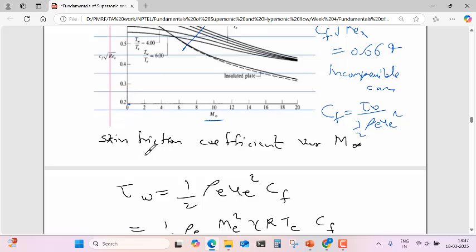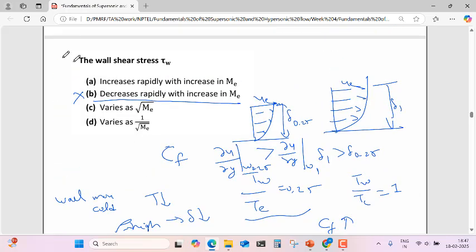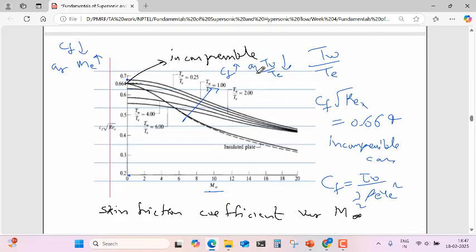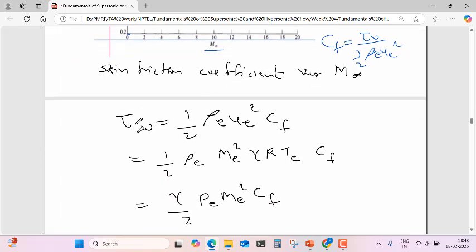Now we'll see for tau W, the wall shear stress. For wall shear stress, tau W equals half rho E UE square CF. Now we'll write it in terms of Mach number. UE square can be given by ME square gamma R TE, from the definition of Mach number, M equal to UE upon root gamma R TE.